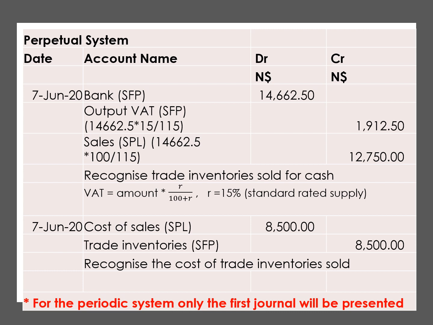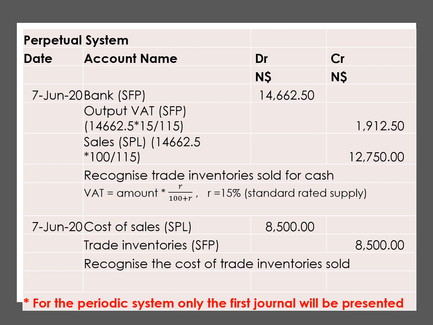Output VAT is also credited because it is a liability, as we have to pay it to the receiver of revenue. Finally, we credit sales with an amount of 12,750. Sales is credited because sales is an income, and income increases on the credit side. The general narration is sold for cash.